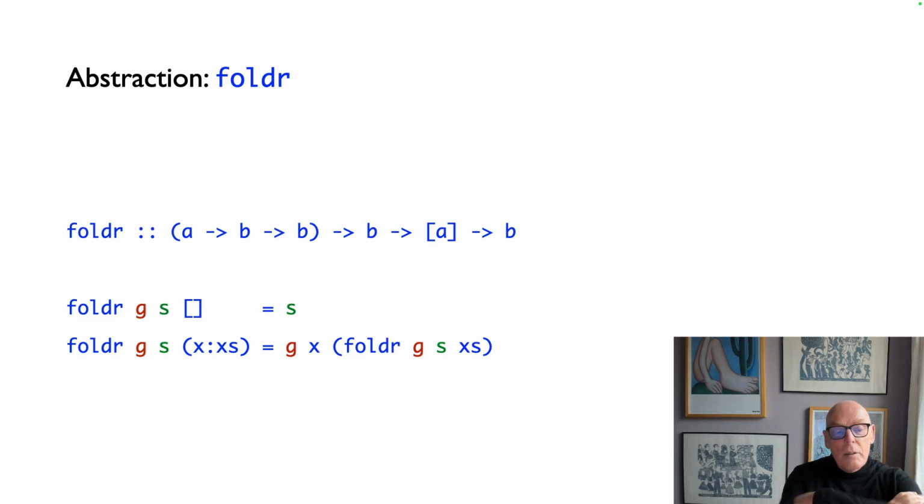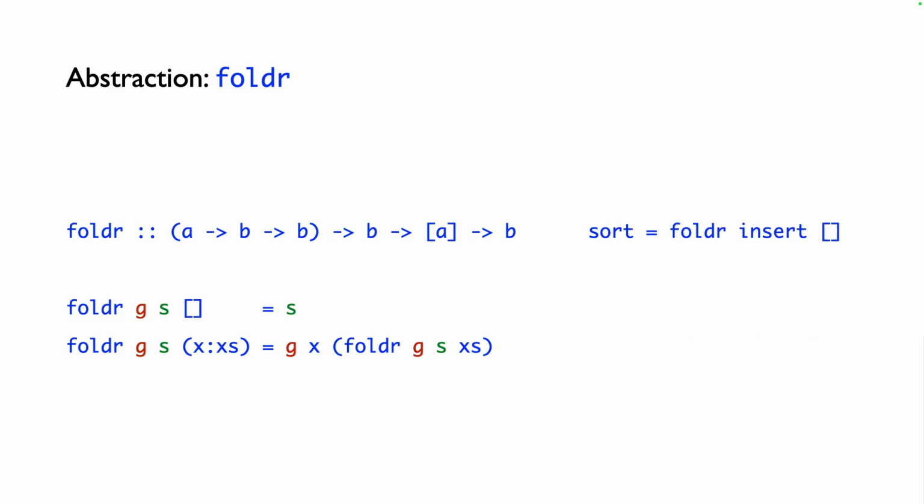It takes a function g, which takes an element of type A, an element of type B, and returns something of type B. It takes a starting value of type B, and it gives us back a function from list of A to B. So if we apply foldr to g and s, we get a function from list of A to B. This is precisely, if we do that partial application, that recursive function defined on list of A and returning a B. An example is that sort is foldr of insert and the empty list, and you can define map in this rather convoluted way.